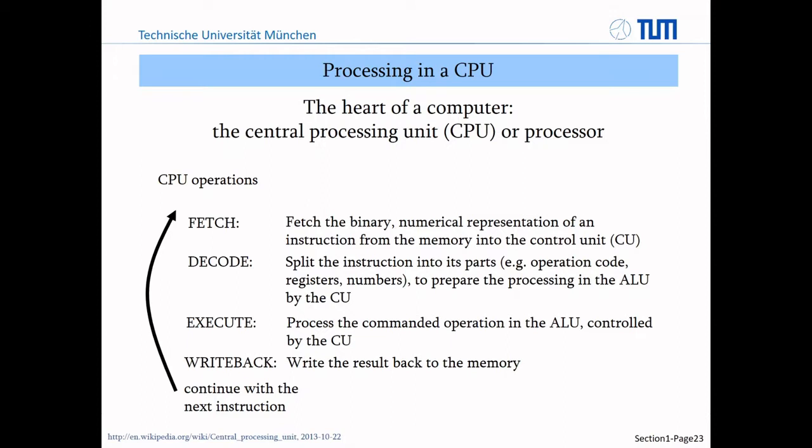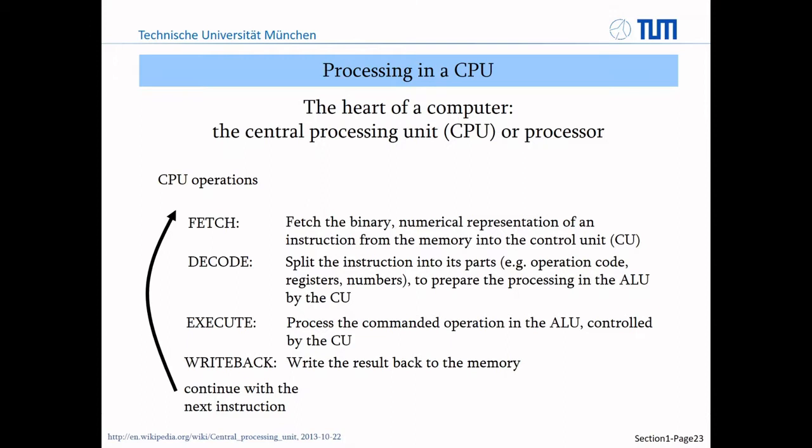And then you prepare the processing so that it can be done in the ALU, or so that you can send out information to an external device, or you can define a special location in the memory. Then you execute the processing, which means you process the command, or you do the operation, the addition, whatever is defined by the ALU, and you control this processing with a CU, a control unit.